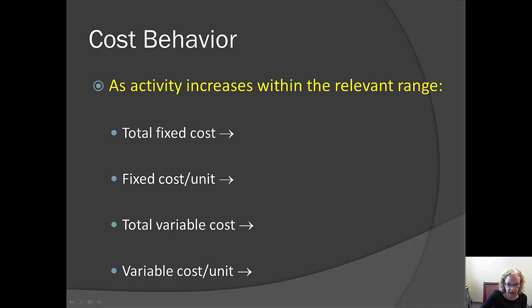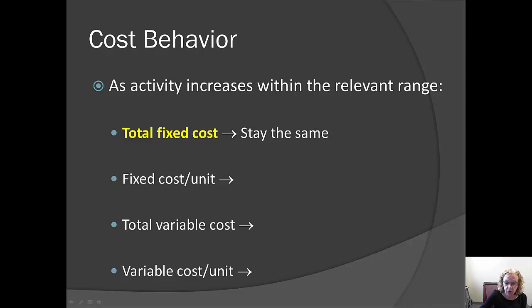In a previous chapter, we had talked about how costs behave within the relevant range, that is, the range of likely activities. We said that total fixed cost was expected to stay the same within the relevant range. In other words, we treat these costs as fixed because we don't expect them to change within our likely range of activities.